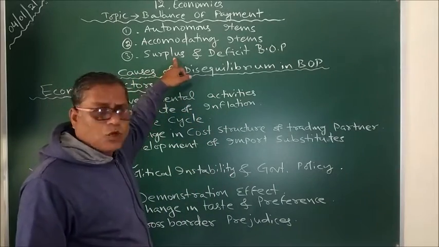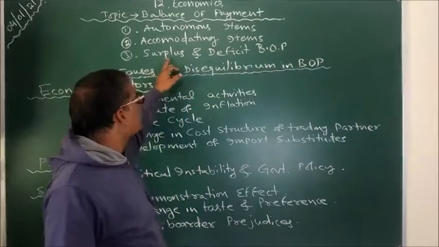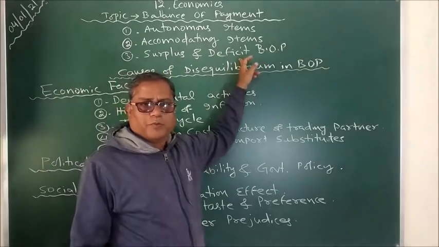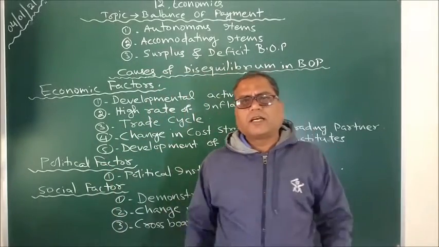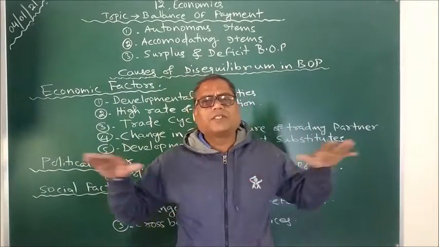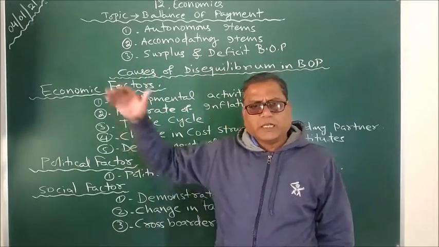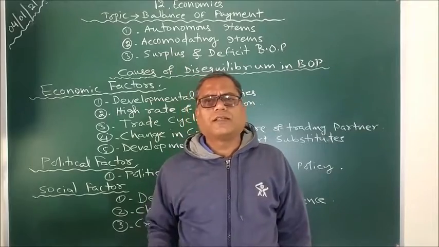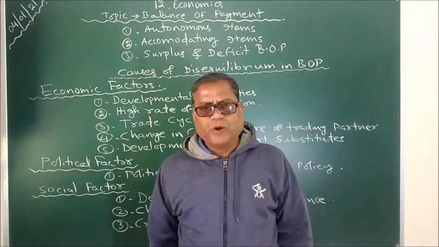And there could be a surplus BOP or a deficit BOP. If the credit and debit side are equal, then it's a balanced BOP. But if our inflow of foreign exchange is more than outflow of foreign exchange, then it's a surplus BOP.